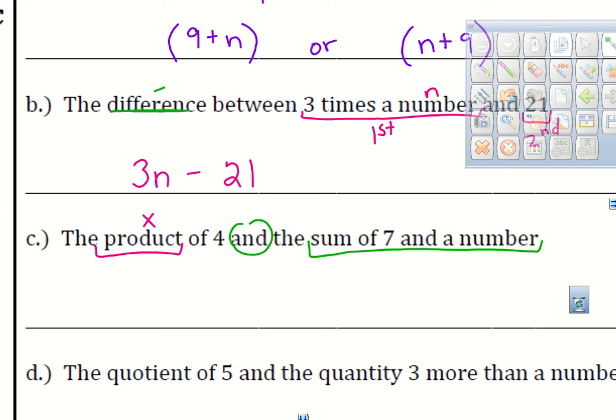Okay. So I have 4 times the sum of 7 plus n. What do I need around 7 plus n? Eli? Parentheses. So we are multiplying 4 by this quantity here. Okay.